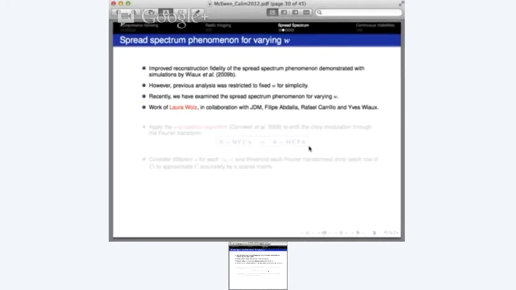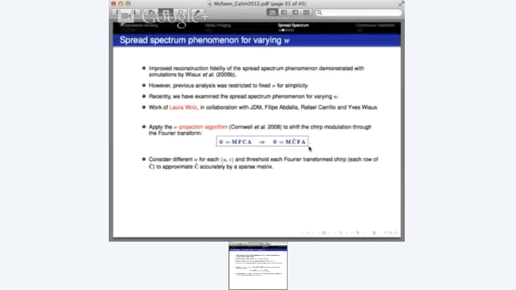And this is work that's been done by Laura Wolz at UCL, who's a PhD student there, who's done some very nice work investigating this. So we essentially use the W projection algorithm, so we can consider this varying W. We move this chirp type term past the Fourier transform in the measurement operator. So now we get the chirp term here.